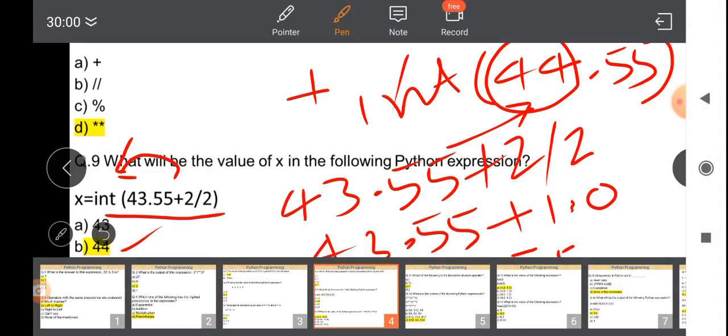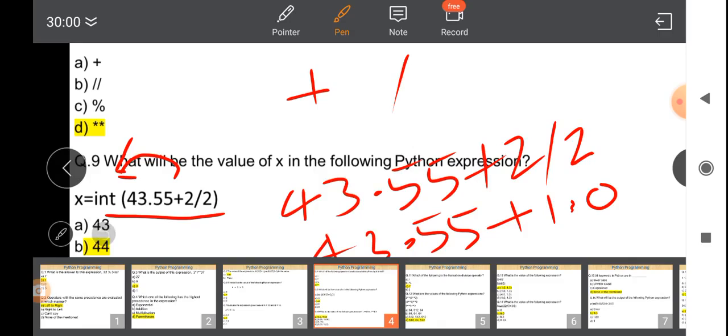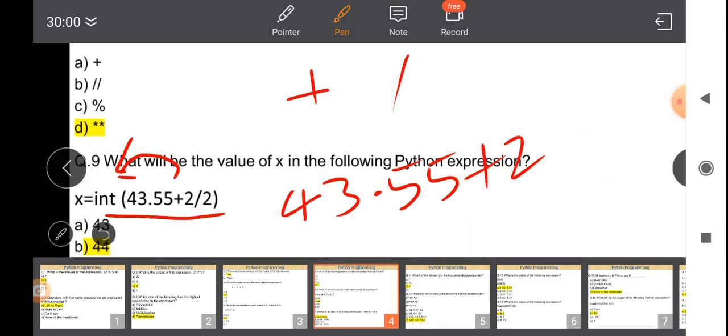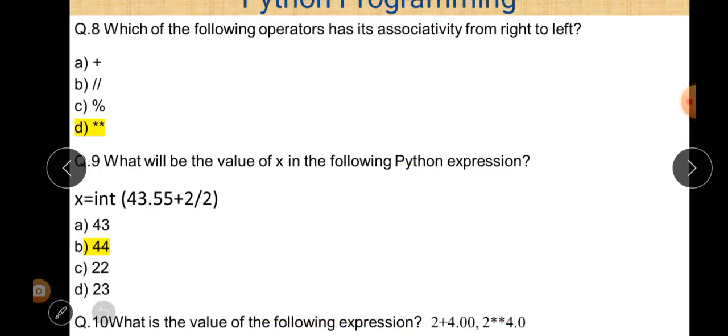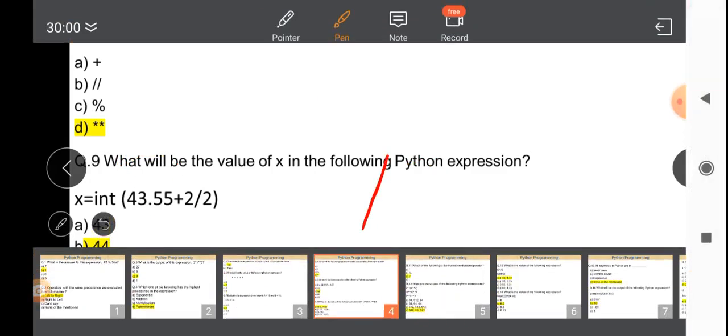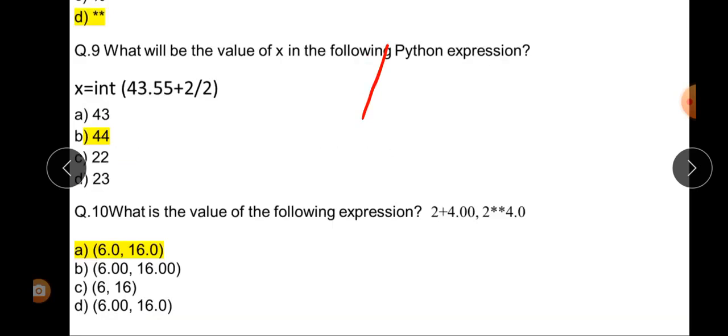Okay. Now let us take another question. What is the value of the following expression?